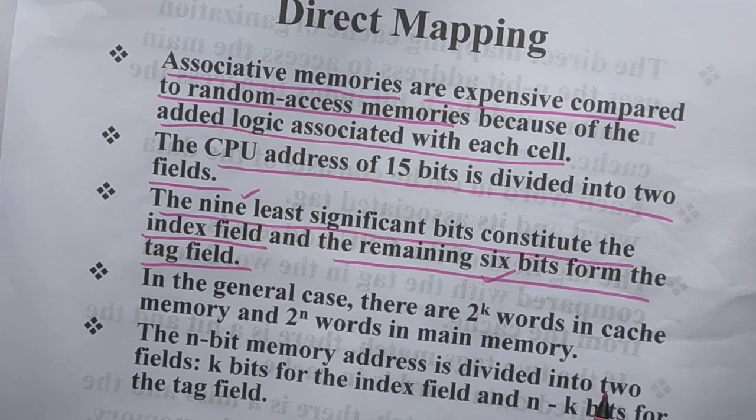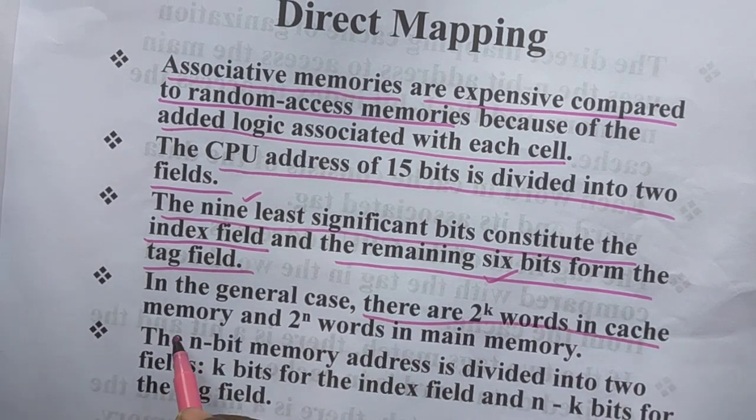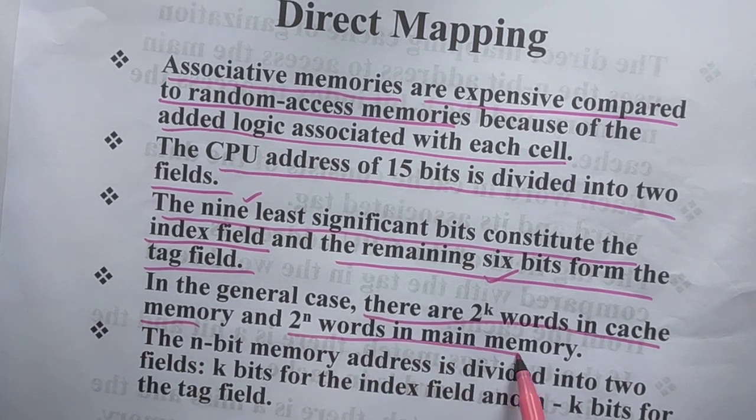In the general case, there are 2^k words in cache memory and 2^n words in main memory.